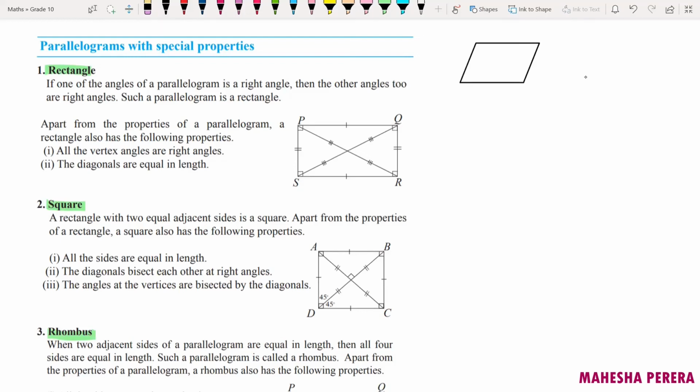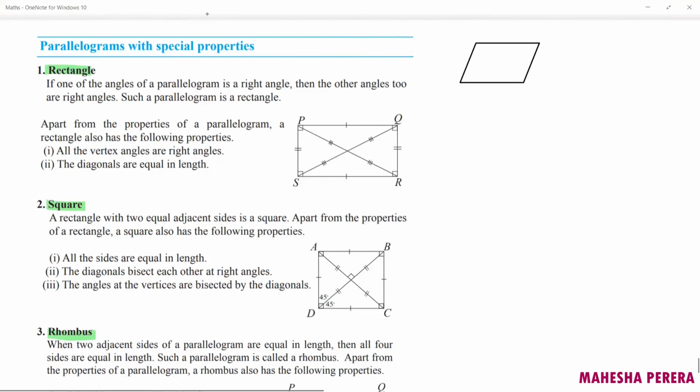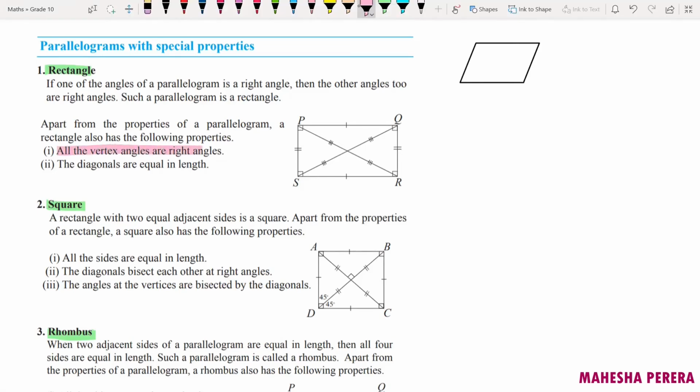Right, let's take first of all the rectangle. Now when we consider a rectangle, all the vertex angles are right angles. Now if you consider a normal parallelogram, this angle is not a right angle, no? But when you consider a rectangle, all the vertex angles are right angles. Can you see? All these vertex angles are right angles. So it's 90 degrees.